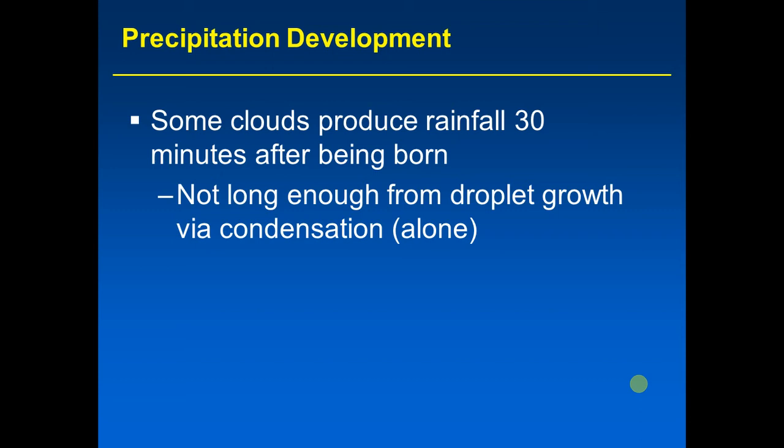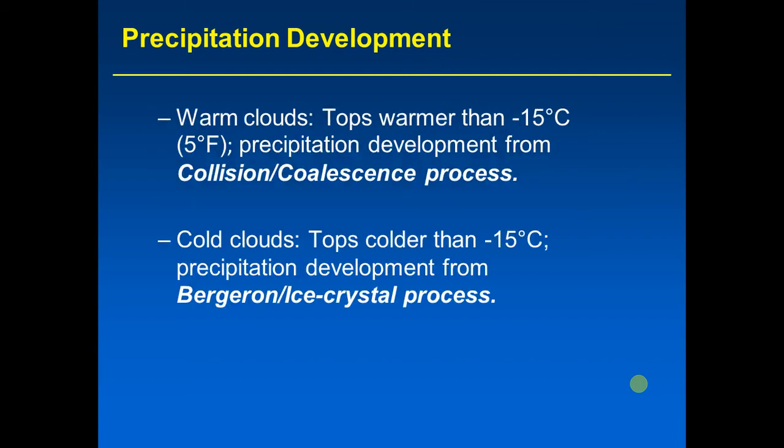In order to understand how precipitation forms, we have to look at the clouds from two different perspectives. We can look at warm clouds that have their tops warmer than minus 15 degrees Celsius or 5 degrees Fahrenheit, in which case precipitation development is from the collision-coalescence process, which refers to a larger cloud droplet colliding and coalescing, attaching smaller cloud droplets to it.